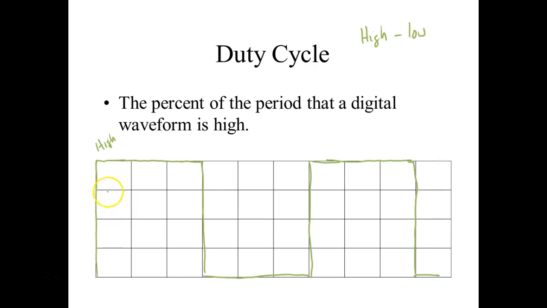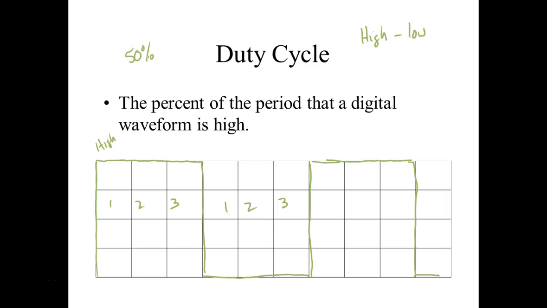Here it's high, 1, 2, 3, and it's low, 1, 2, 3. So this would have a 50% duty cycle. When your high and your low are exactly the same amount of time, the signal has a 50% duty cycle.